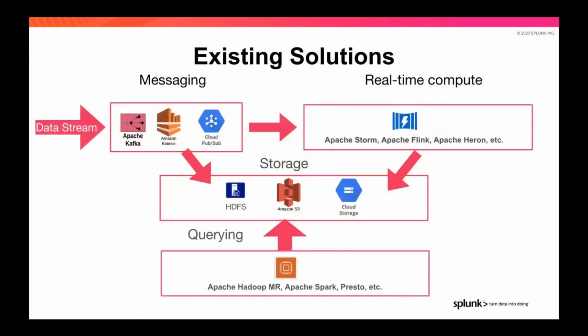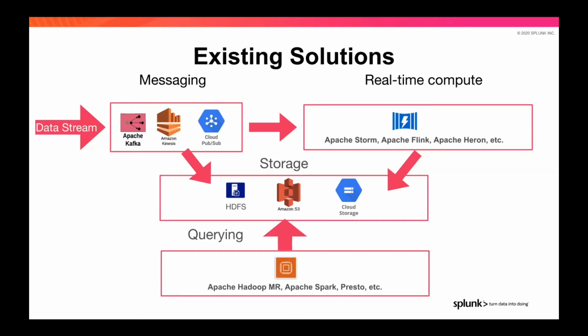To actually realize that workflow, I commonly see a lot of various technologies being used. For example, in the messaging layer, I see Pulsar, obviously, Apache Kafka, a very popular one, Amazon Kinesis, and Google PubSub. For the real-time compute, there are all sorts of stream processing engines out there as well: Storm, Flink, Heron, just to list a couple, that will read from a message bus and often dump results into some sort of storage layer.